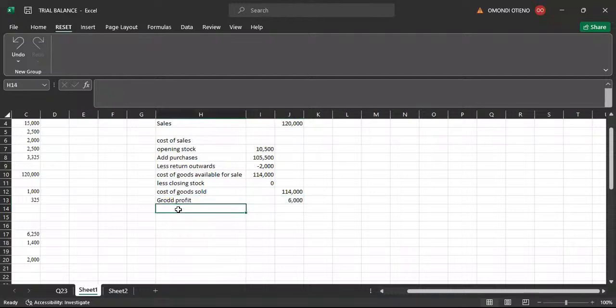But gross profit margin, what have I said about the gross profit margin formula? Gross profit margin is going to be gross profit over sales, and not just sales, net sales.